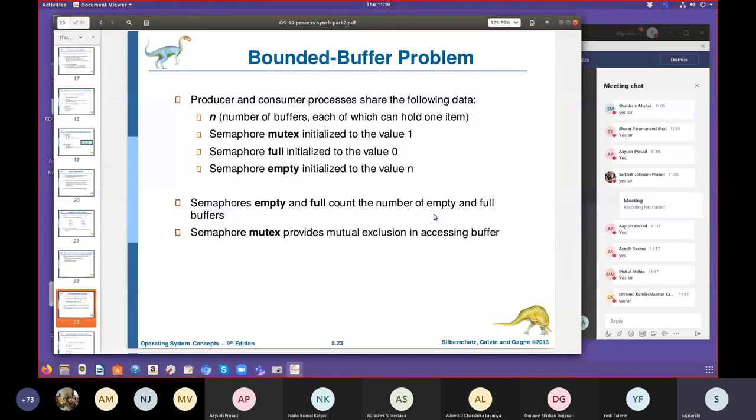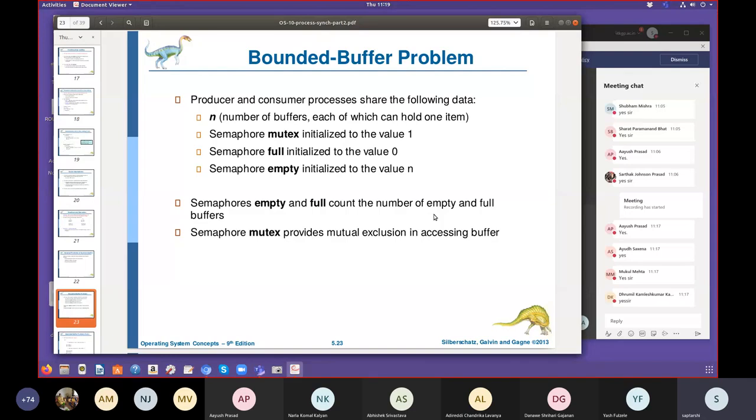The idea is to synchronize between these producers and consumers because unless the producer has produced items, there is no point for the consumer to try to read them. Also, maybe for some reason the consumer is slow. So the producer is producing items very fast, but the consumer is slow. Somehow the producer should understand that the buffer is getting full, and so it should wait.